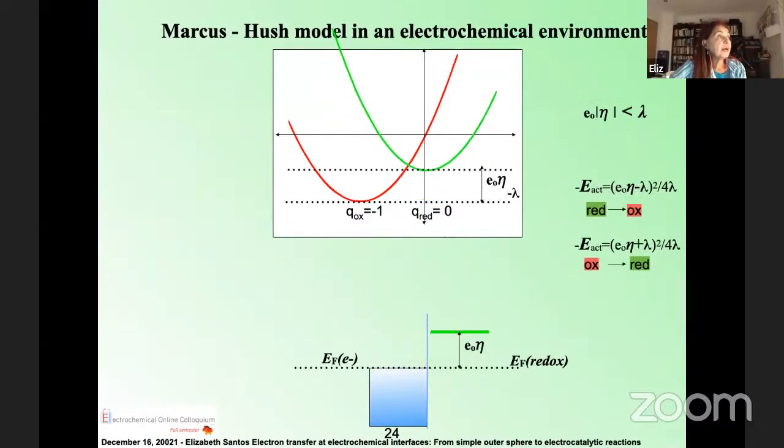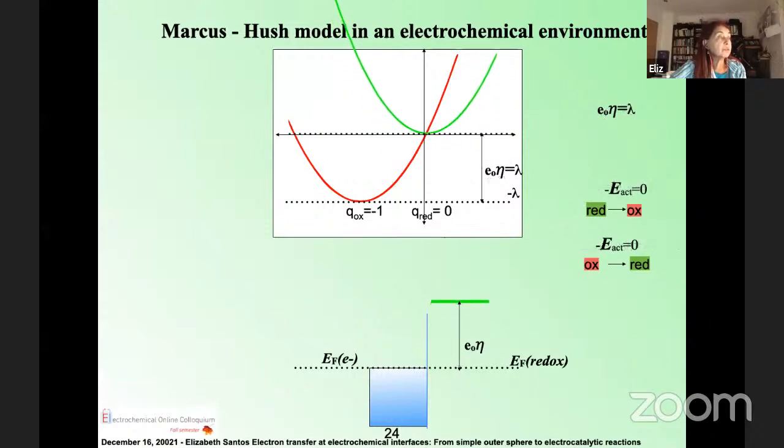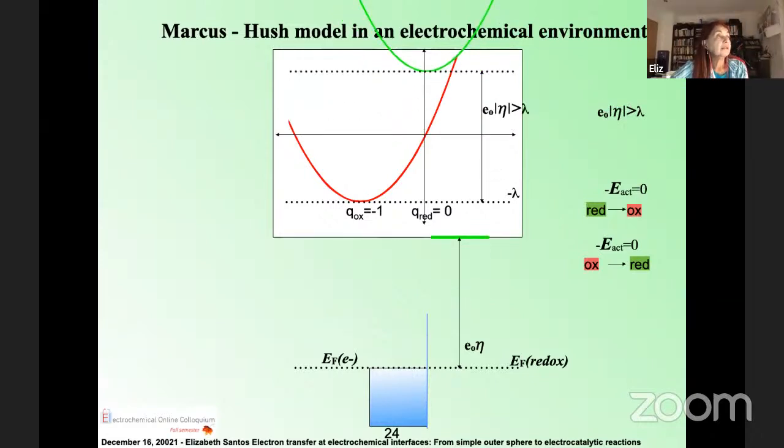If we increase and increase the overpotential, we have here the activation energy is 0. What happens if we increase more? Do we also obtain an inversion region?